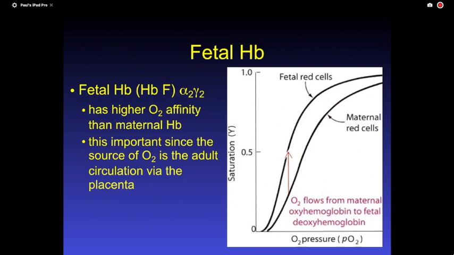This is the only source where I can get the oxygen, so it has to have a higher affinity to grab it from the mother's blood, but it delivers a lower amount throughout the body. And so in terms of mass per volume ratio, the fetus may have a larger volume and can deliver more, even though it's delivering less each cycle. Because of the volume mass ratio, it delivers enough that the fetus needs.